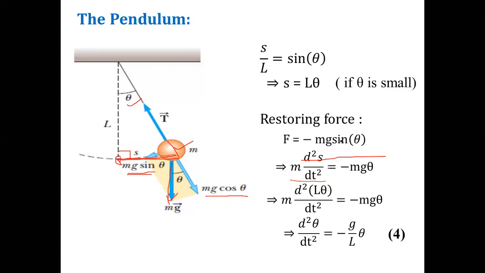This is equal to, again, since theta is small because your displacement is small, you can approximate sin theta with theta. Plug in the value of S, which is equal to L theta. L is a constant because L is the length of the string through which your mass is attached, so you can take L out and you will get d2 theta over dt2. And on this side, m will cancel m, and you will have g theta over L. So this would be your equation here.